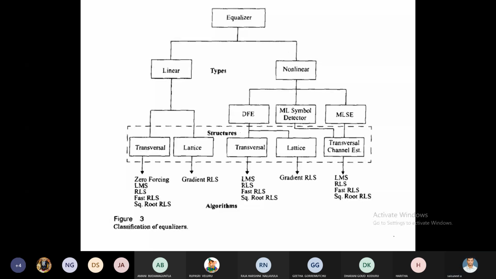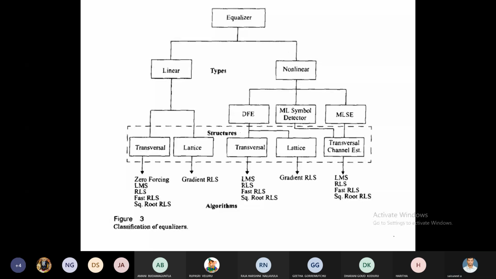The most commonly used structure in linear equalizers is the linear transversal equalizer. What is a linear transversal equalizer? It is nothing but a linear transversal filter made up of tapped delay lines, with taps spaced at the symbol period.